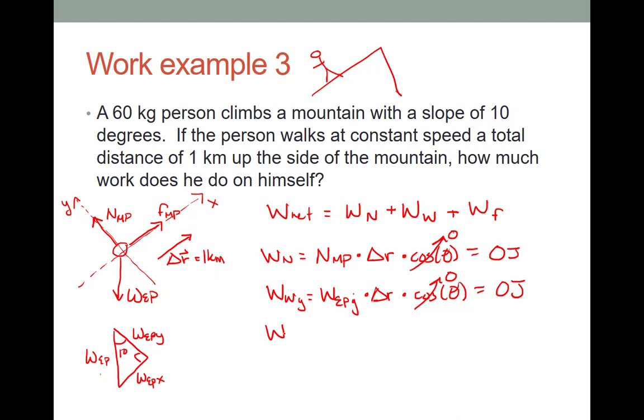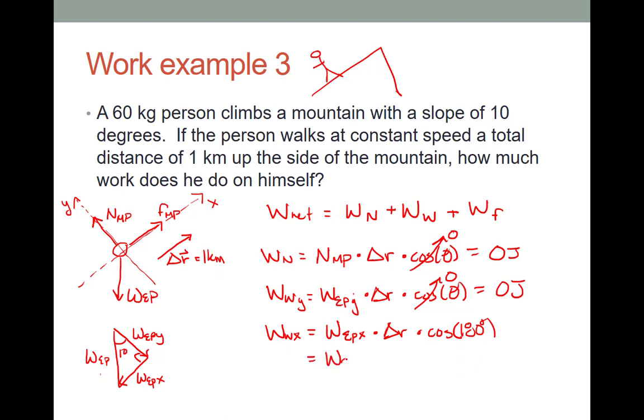Let's now consider the x component. So that would be the x component of gravity times delta r times the cosine of the angle. The x component of gravity points down the mountain. The displacement points up the mountain, so this is going to be a cosine of 180, which means this work will be negative.